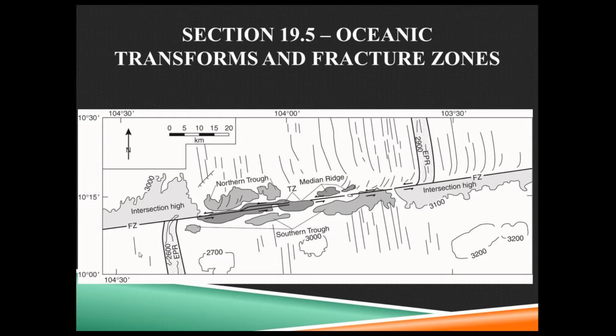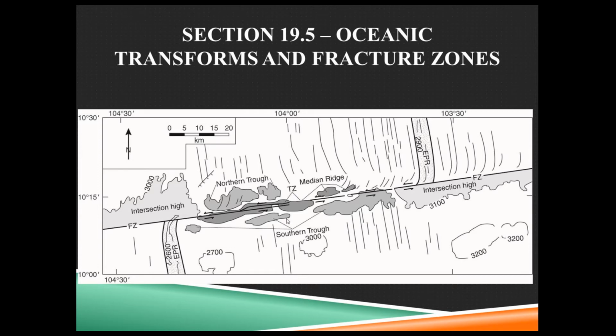Down here it's moving west at 3 centimeters a year. So there's no shearing or displacement across the fracture zone. It's just busted up from before, during the system, or the time when the rift was just being created. Same thing over here. This is moving east at 3 centimeters a year, and this is moving east at 3 centimeters a year. So across the fracture zone, no displacement occurring.